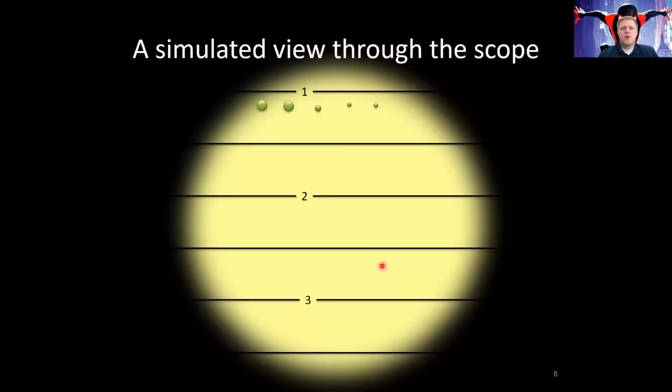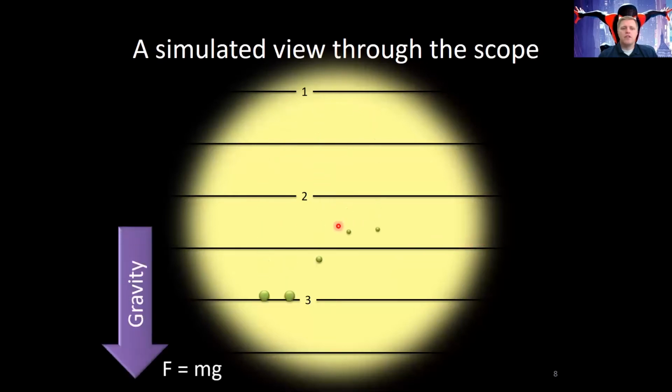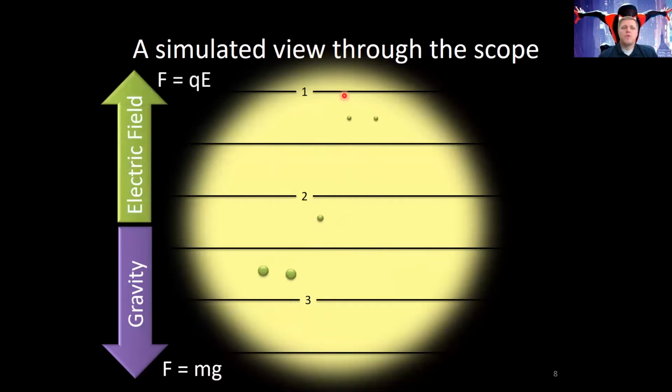But there's two things going on here. One of them is gravity. Gravity is trying to pull these droplets down with a force equal to mass times the gravitational constant g. And then we have that electric field that we were just talking about that's trying to pull them all back up. And that force is equal to the charge on the droplet times the electric field.